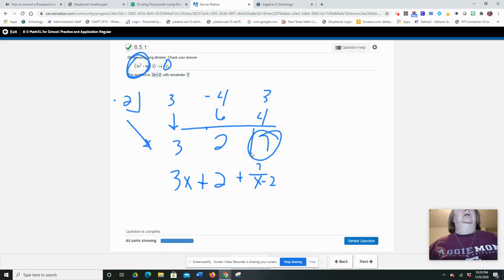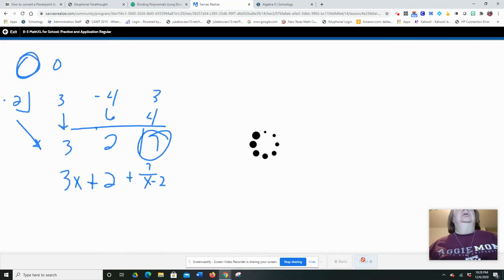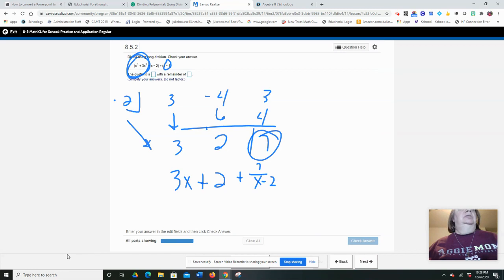Okay. Now let's go to the next one. Okay, divide using long division. Again, you can use synthetic if you want. Put your quotient and your remainder.